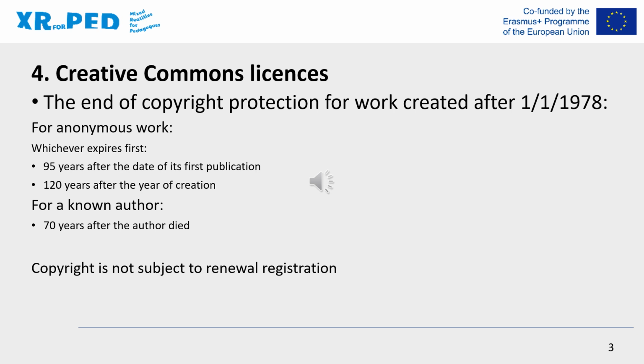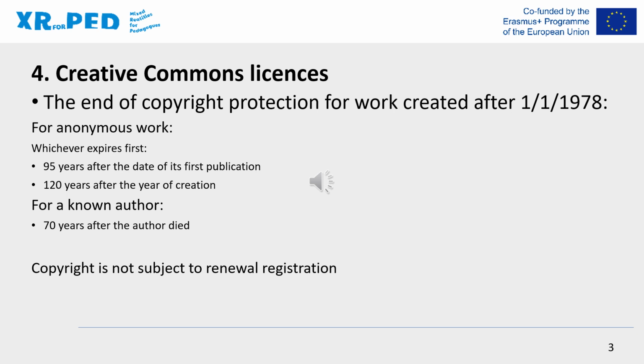Copyright is automatically created when a person creates a copyrightable work that is an original literary, including software, dramatic, musical, or artistic work. There's no need to register such a work in order for it to be copyrighted.